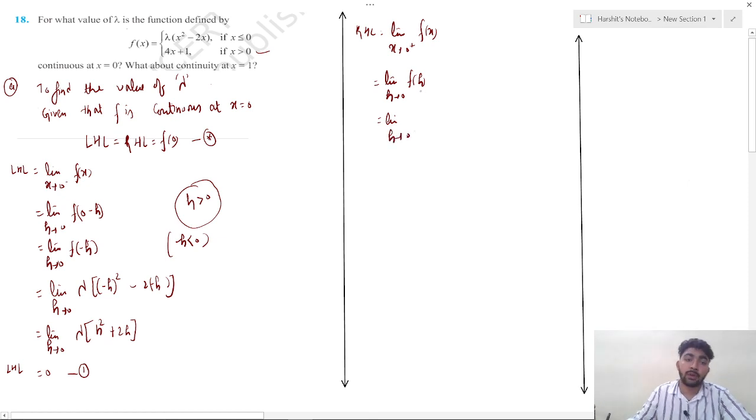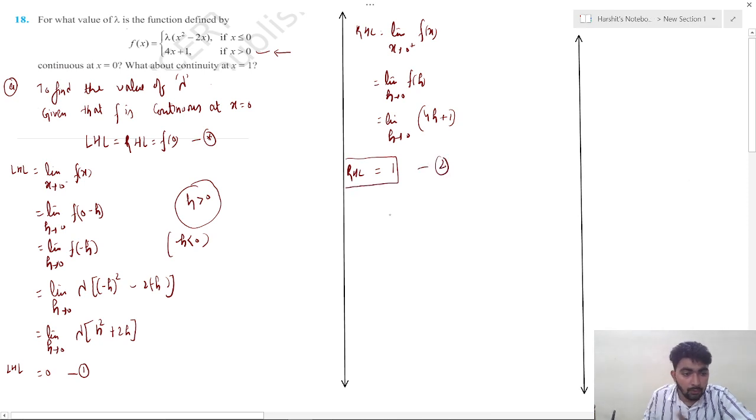The value of f of h we can find by the second piece, which is 4h plus 1. So if we apply the limit, we get 1 here. I think you understand how we find LHL and RHL.